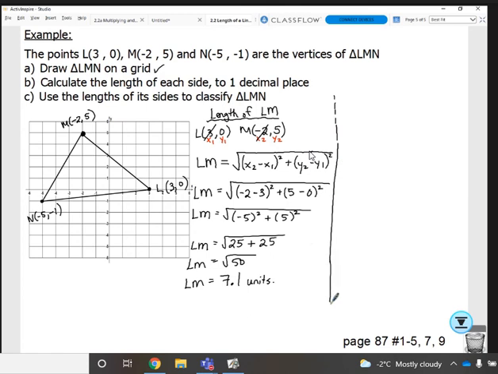So LM, maybe I can go right to the triangle here and say LM is 7.1 units.